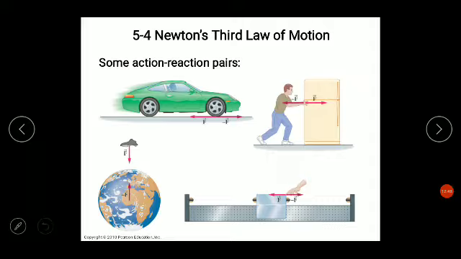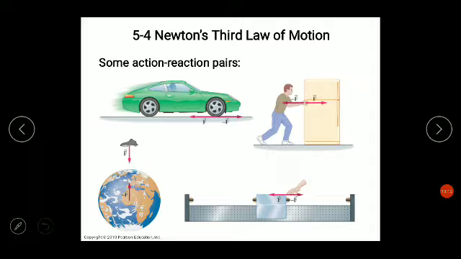So the airplane will be the one to accelerate downward as it is being pulled by the Earth, considering that there are no other forces acting on the airplane. So that's action-reaction, and this one is an example of long-range forces.